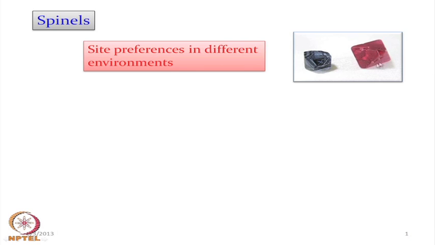So, in oxide environment, these transition metal ions, if it is there, can give rise to some coloration to these solid minerals or mineral like materials. So, that is why we should also be able to identify the color change or the different colors due to the presence of different transition metal ions in some oxide lattices.